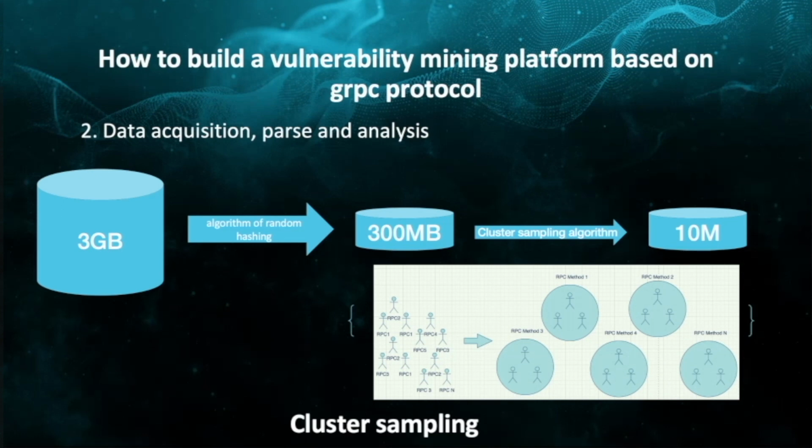In the cluster sampling, we sample based on the interface ID of each gRPC. The sampling for each ID is kept basically the same, thereby reducing the influence of the frequency of the gRPC interface on the test result.